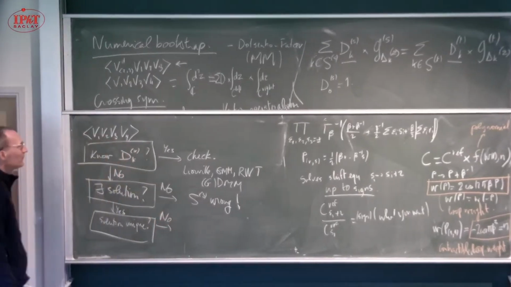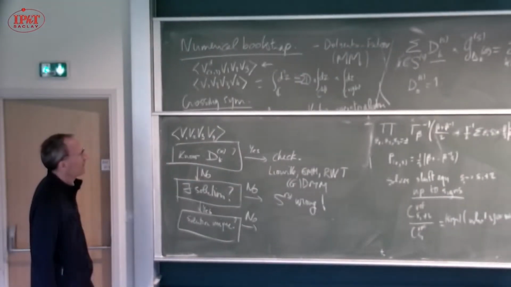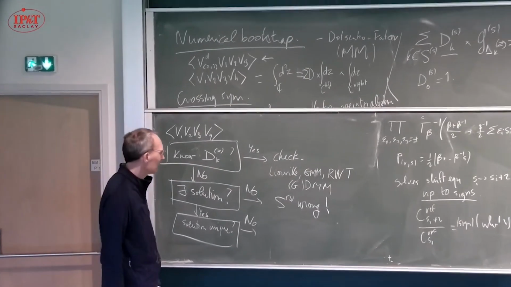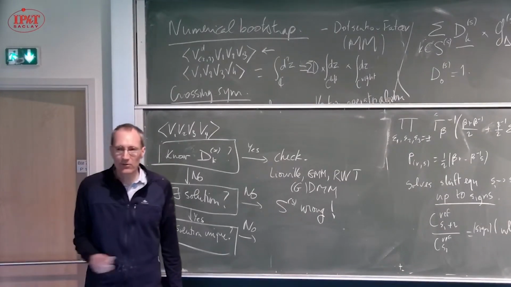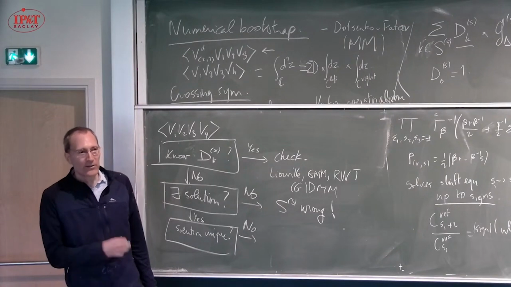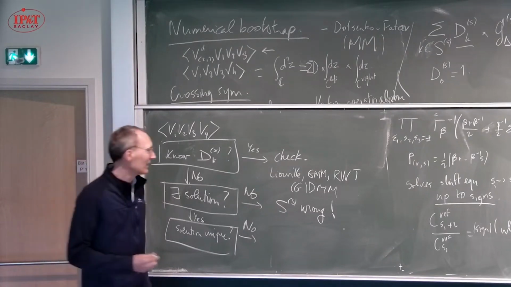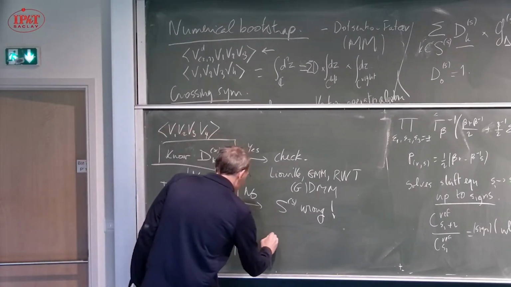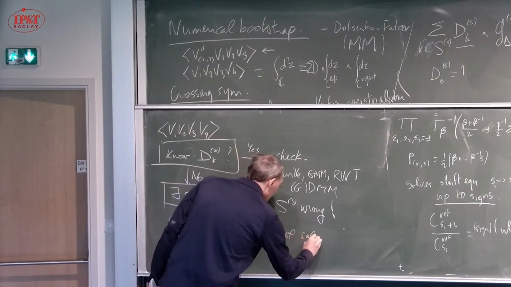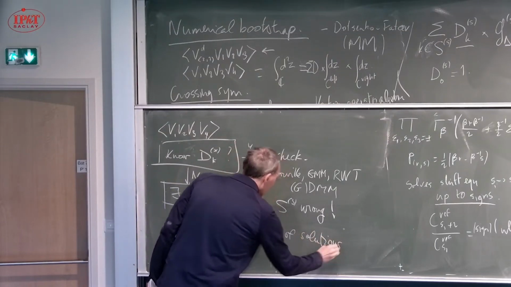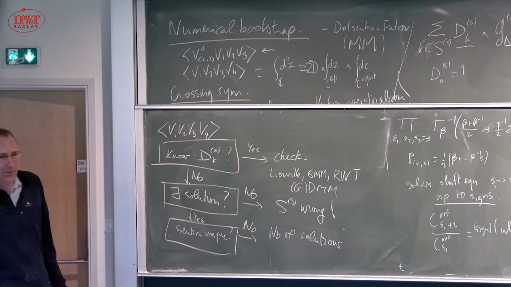It could be that the solution is not unique, but then what you can do is find the number of solutions, or, if you want, the dimension of the space of solutions, which is in loop models at least finite dimensional. So you just compute numbers of solutions. Yeah, this can be done in loop models or in the O(N) and Potts models, etc.